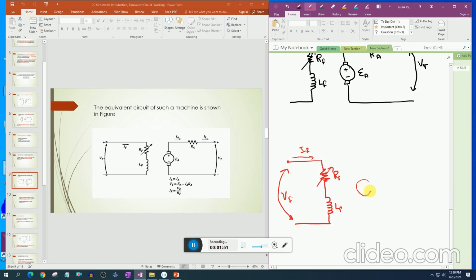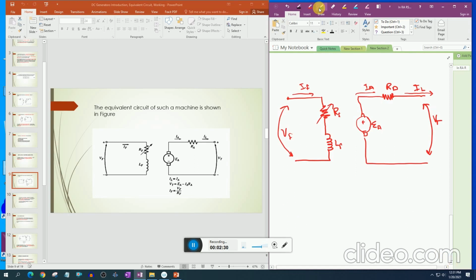This is EA generated by the DC generator. This is IA, this is RA, and this is the terminal voltage present at the terminals of the DC generator, and this is the line current. So this is the equivalent circuit of the separately excited DC generator.